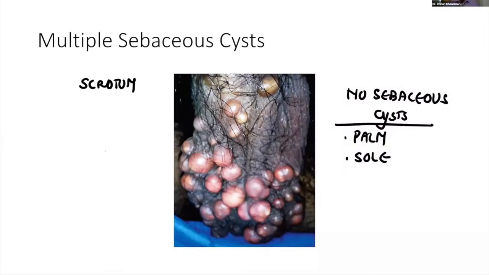Multiple sebaceous cysts can be seen in the scrotum or the scalp. Those are the sites for multiple sebaceous cysts. Another question which has been asked in your exam, sites where sebaceous cysts will not be seen. So wherever hair are not there, sebaceous cysts will not be seen. So palm and sole, you will not get sebaceous cysts.